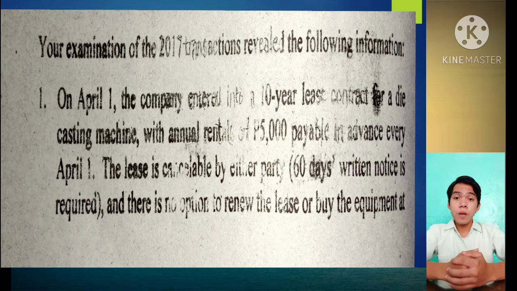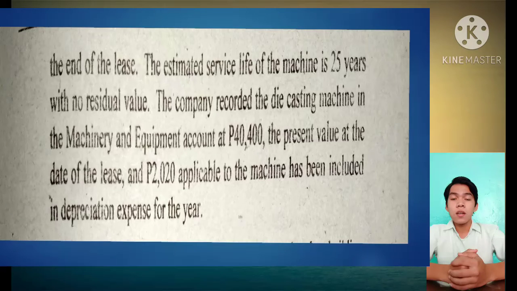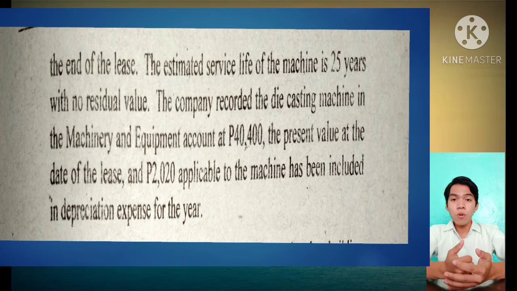First, on April 1, the company entered into a 10-year lease contract for a die casting machine with annual rental of 5,000 payable every April 1. The lease is cancelable by either party, and there is no option to renew the lease or buy the equipment at the end of the lease. The estimated service life of the die casting machine is 25 years with no residual value.